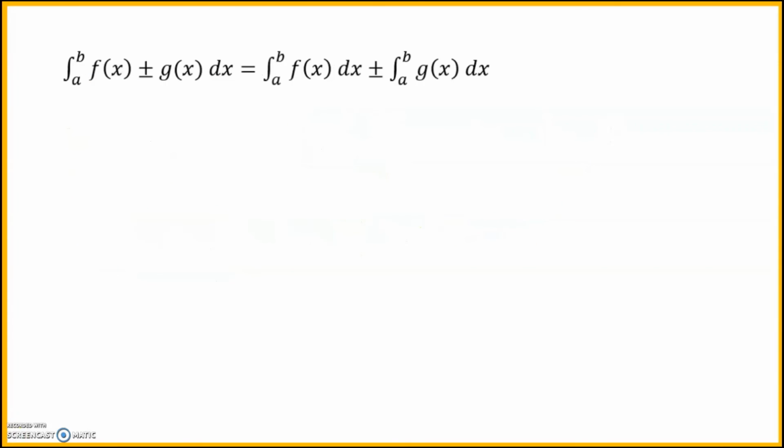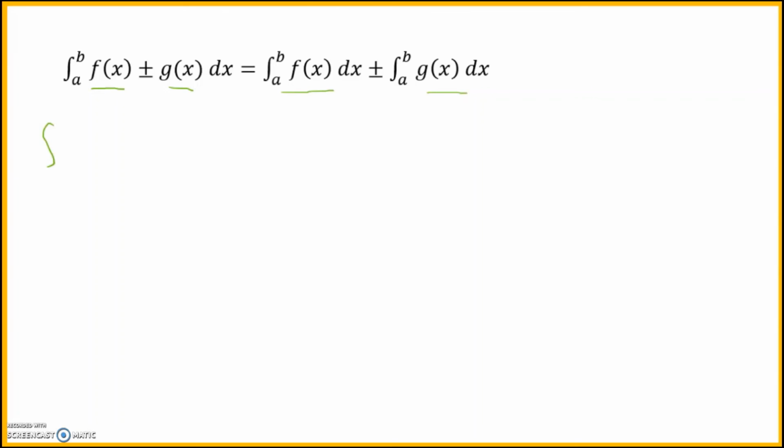The last one is the sum and difference rule. Let's say I have two functions, f(x) and g(x). For the sum or subtraction of them, we can actually do them separately. I can do the integral of f(x) plus or minus the integral of g(x).